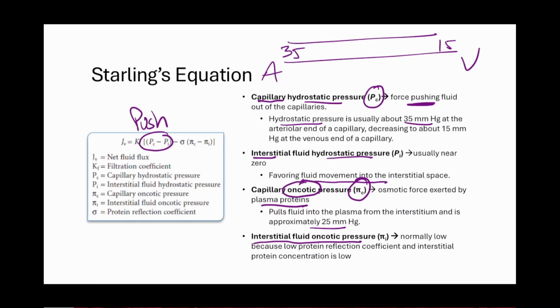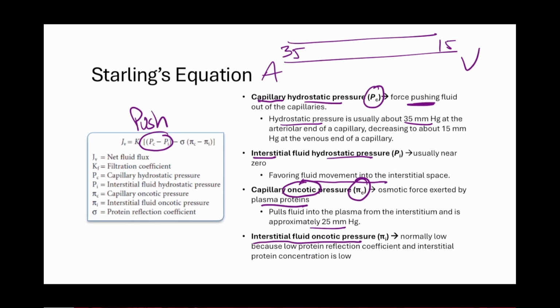As it starts going up, what's going to happen to that difference of oncotic pressure from the capillary into the interstitium? Is that gradient going to get wider or more narrow? More narrow, because we're adding protein, we're adding oncotic pressure into the interstitium.